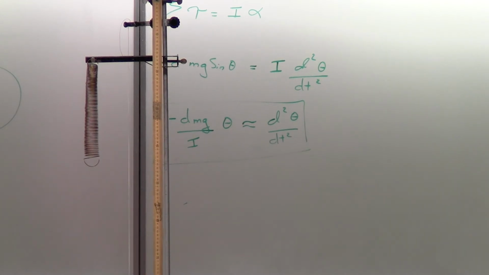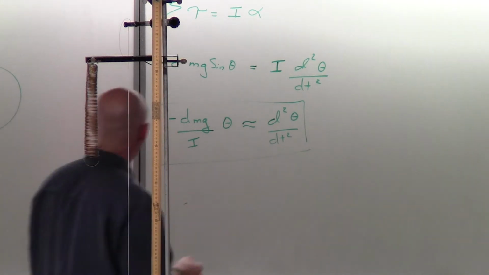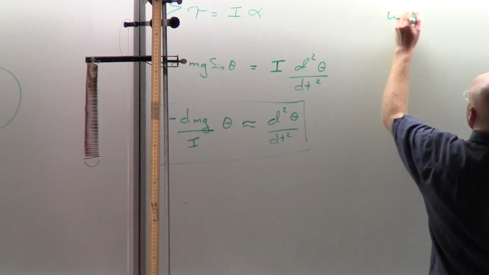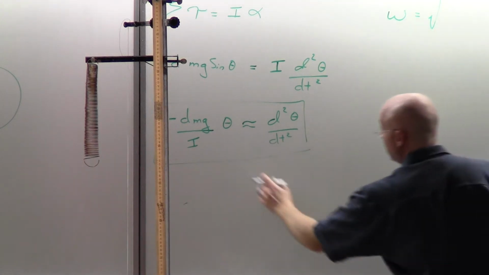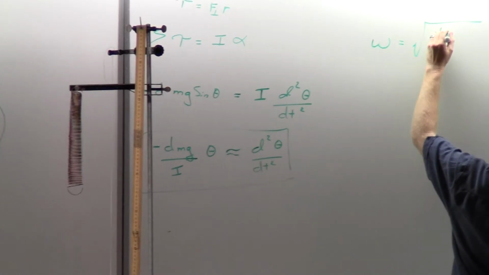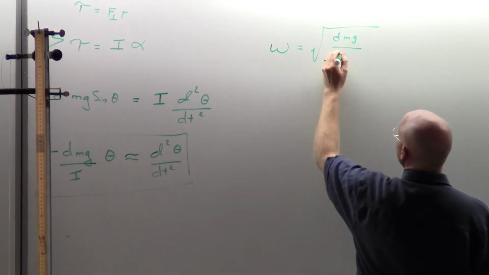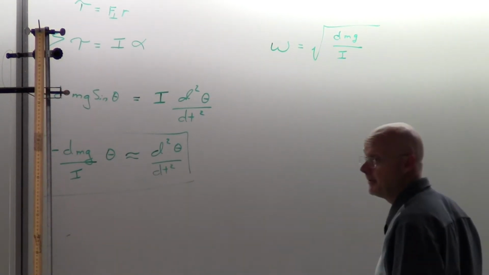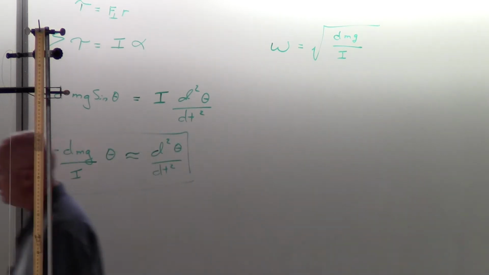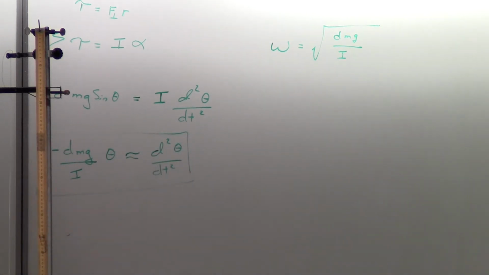Exactly. And therefore, I don't need to solve this anymore. I know the answer. What is the period? What is the frequency? What is the angular frequency? I'll start with the angular frequency. The angular frequency then must be the square root of dmg over I, right? That's the omega. It's the square root of the stuff out in front.